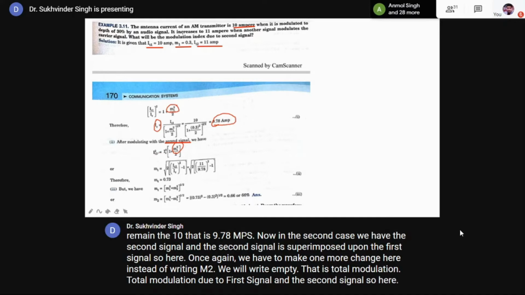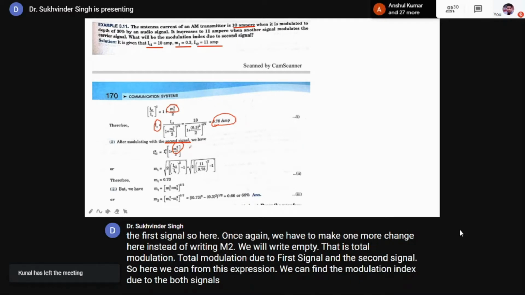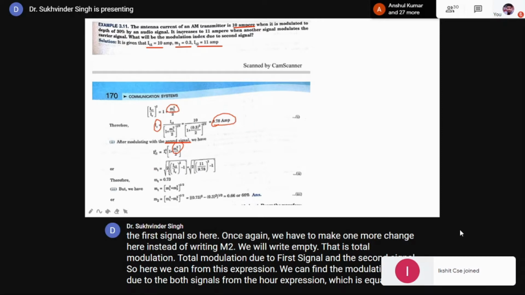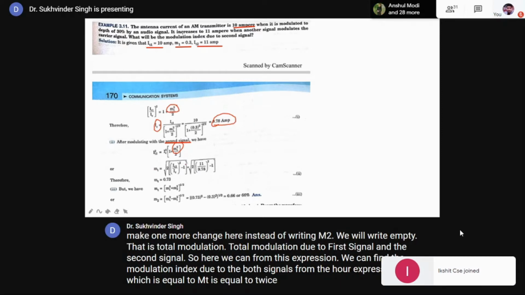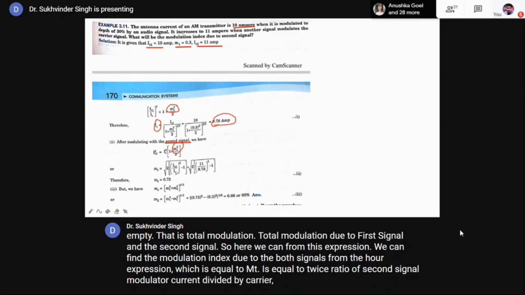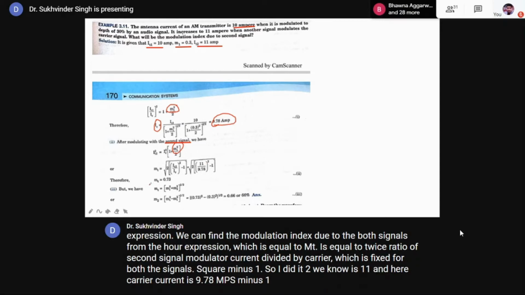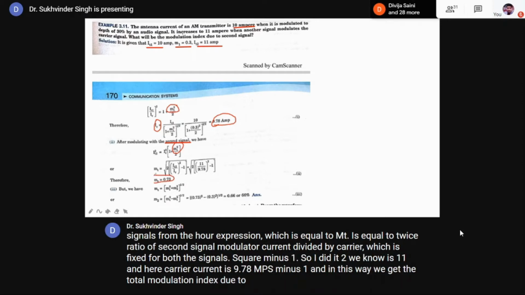From the above expression, we can find the modulation index due to both signals: MT is equal to the square root of 2 times the square of the ratio of second signal modulated current to carrier current, which is fixed for both signals, minus 1. So IT2 is 11 ampere, carrier current is 9.78 ampere, minus 1, and in this way we get the total modulation index due to both signals.